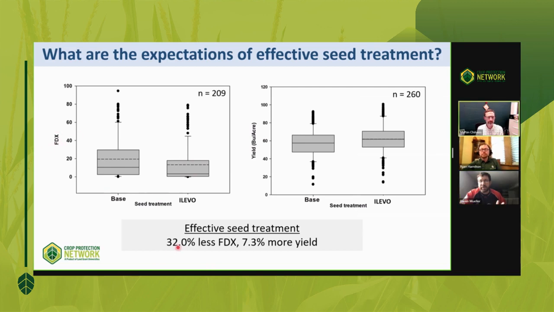If you look at the FDX value, you're getting close to about 20 on average, which is a typical amount in our research plots. And from all of those trials, we had about a 7% increase in yield. So it's paying off. We did see an increase in yield, but it's certainly not eliminating the disease.